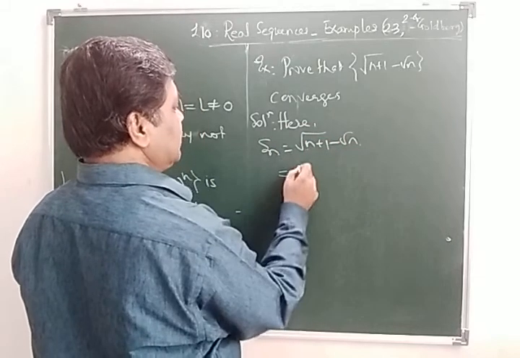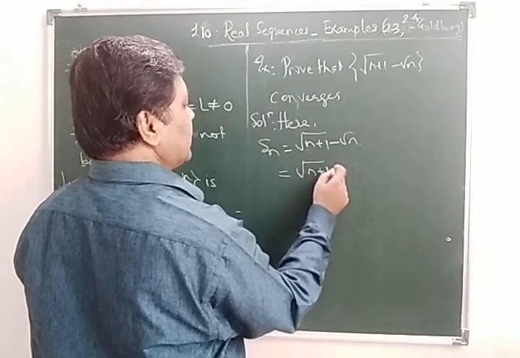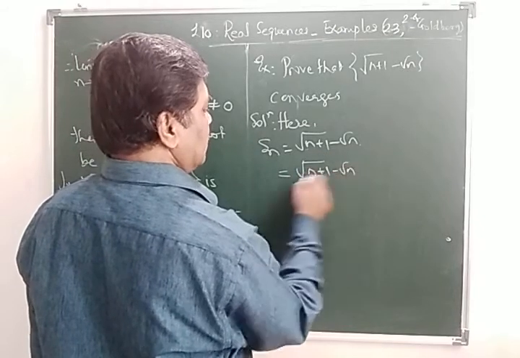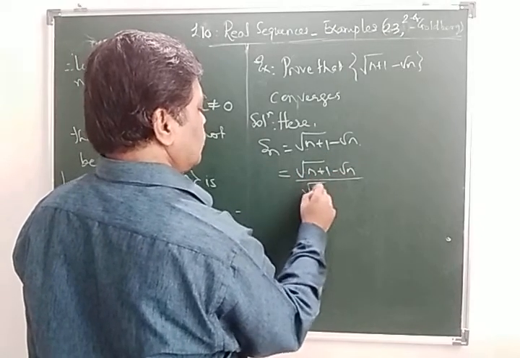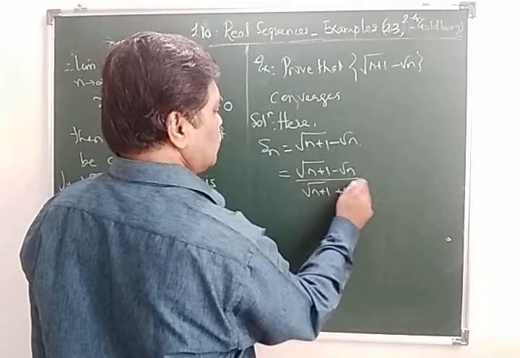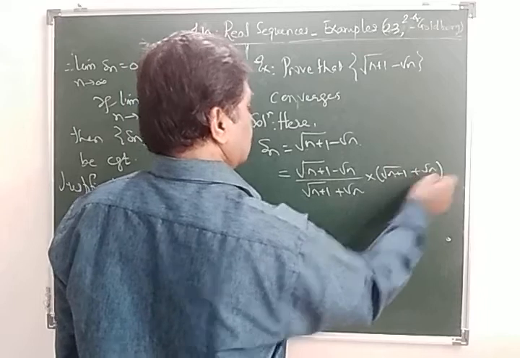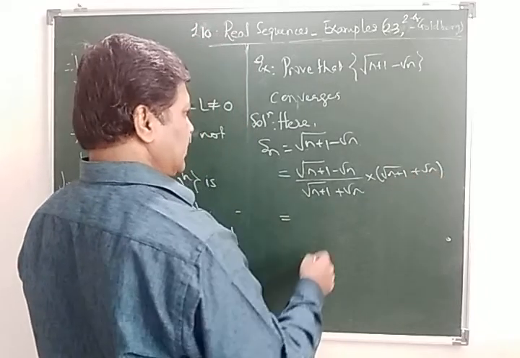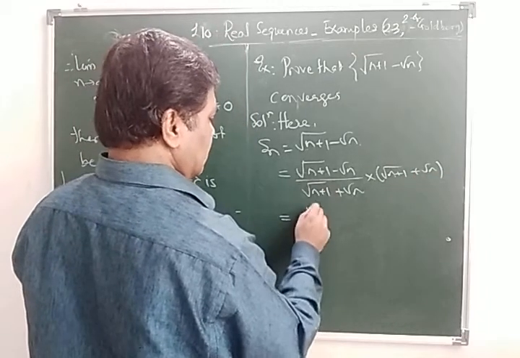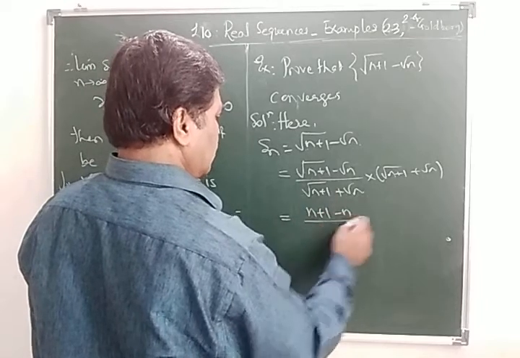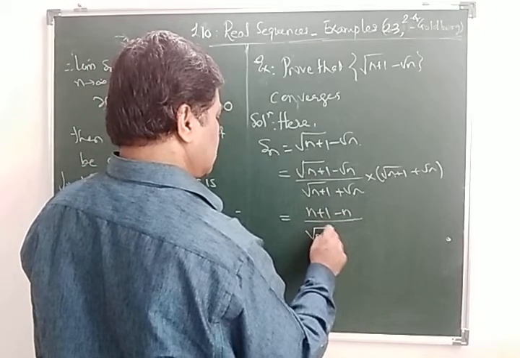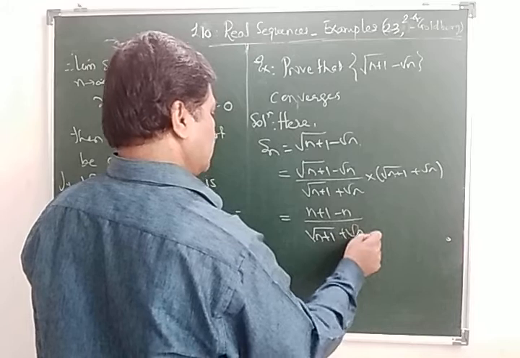By rationalizing it, we will get root of n plus 1 minus root n upon root n plus 1 plus root n, into root of n plus 1 plus root n. Taking its multiplication, we will get n plus 1 minus n upon root of n plus 1 plus root n. Right?